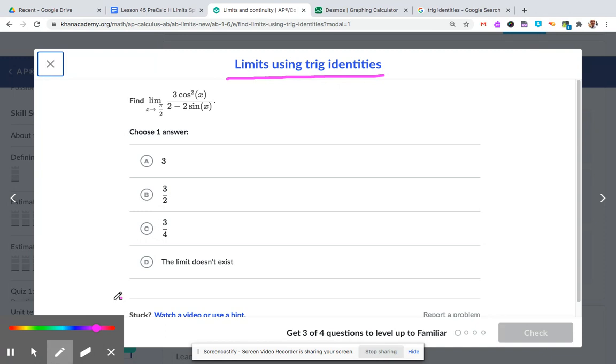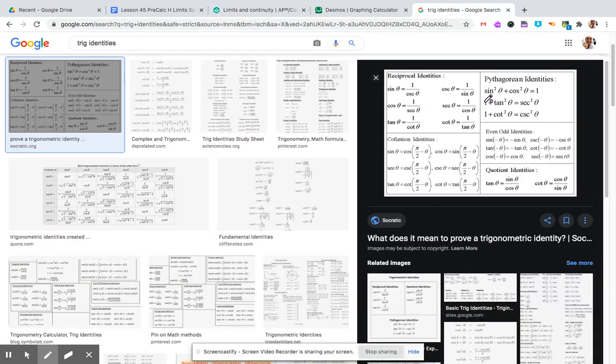All right, so I'm going to use the sine squared of theta plus cosine squared of theta equals 1. And let's just double check. Sine squared of theta plus cosine squared of theta equals 1.